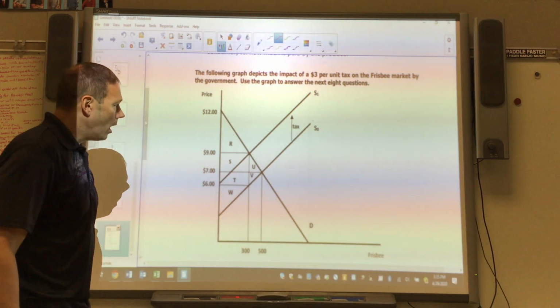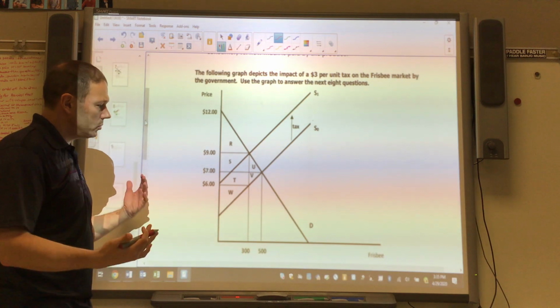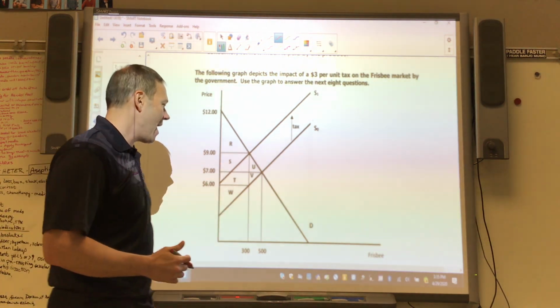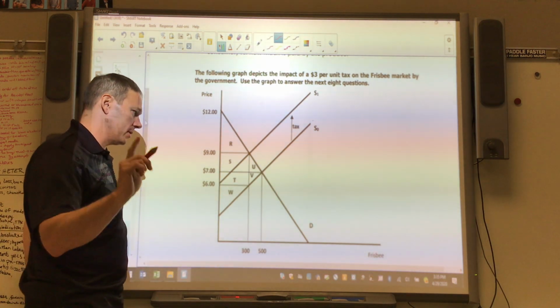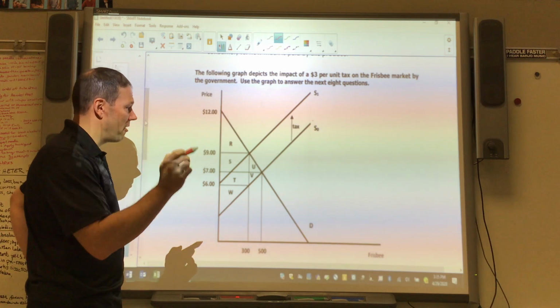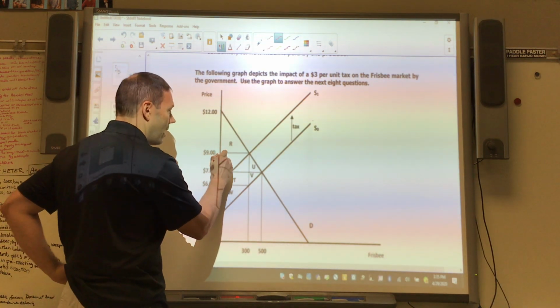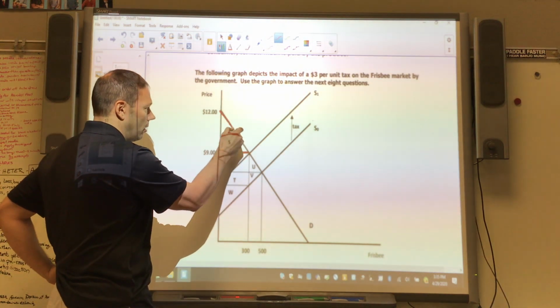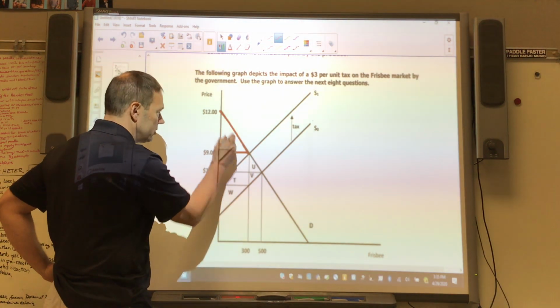Anyway, now let's figure out some of the little areas here. After the tax, what is consumer surplus? Always remember the formula for consumer surplus. It's the area above price, which is now $9, below demand, and to the left of quantity purchased, which is 300.